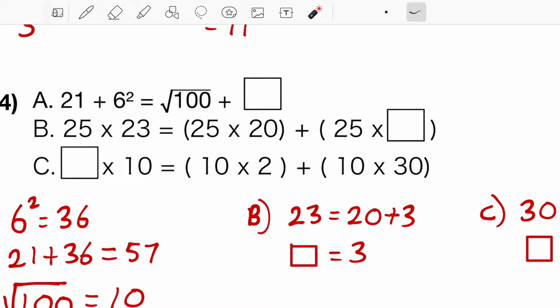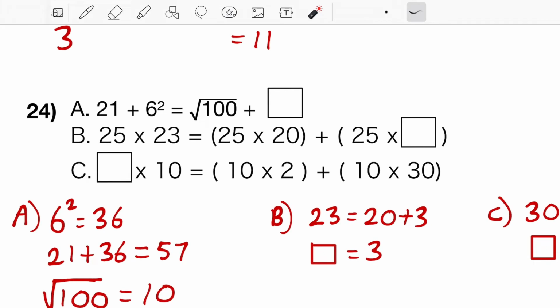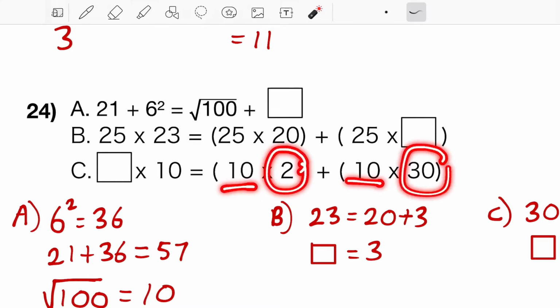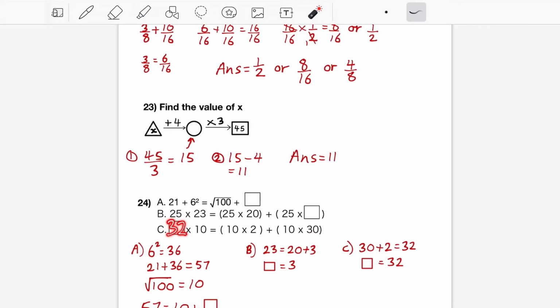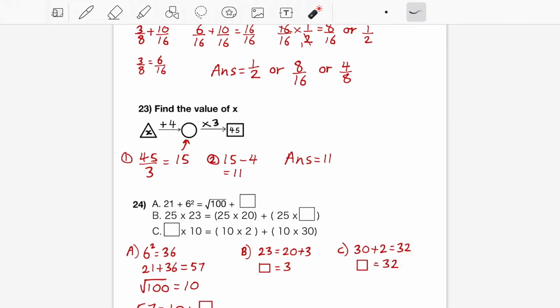So 3 is the answer. C is similar. We have one number remaining the same, 10, and then we have another number which we broke into two parts, 2 and 30. That will give you 32. So your answer is 32.